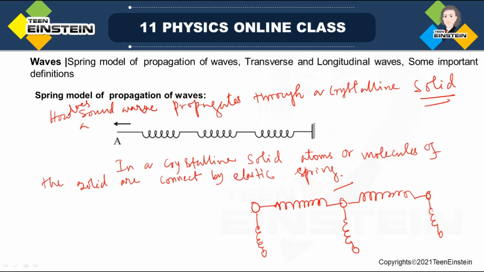So these are the atoms which are connected to their neighboring atoms by an imaginary elastic spring. At normal pressure and normal temperature, there will be no change in the length of the spring. If there is no change in the length of the spring at the equilibrium position, then there will be no vibration or oscillation.